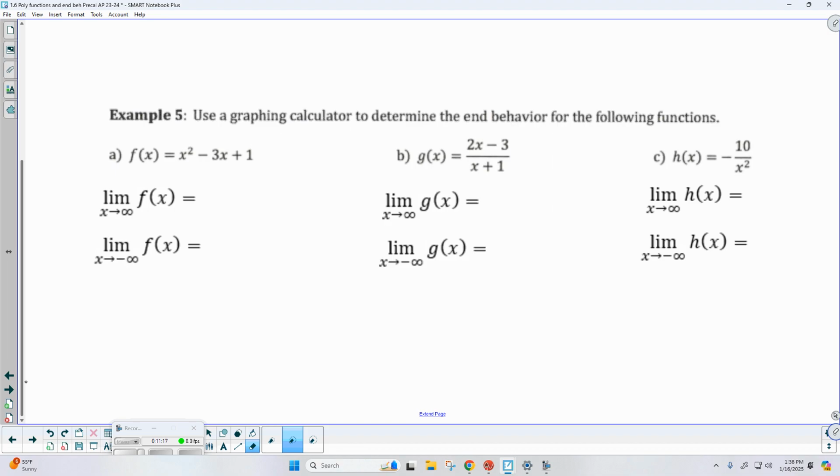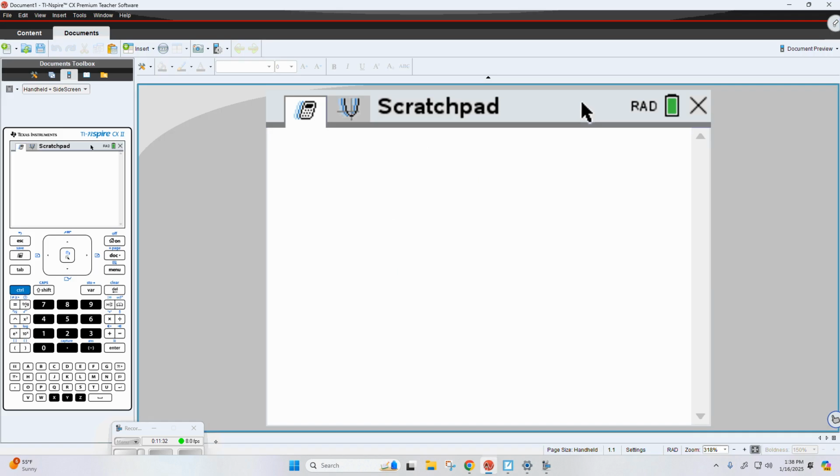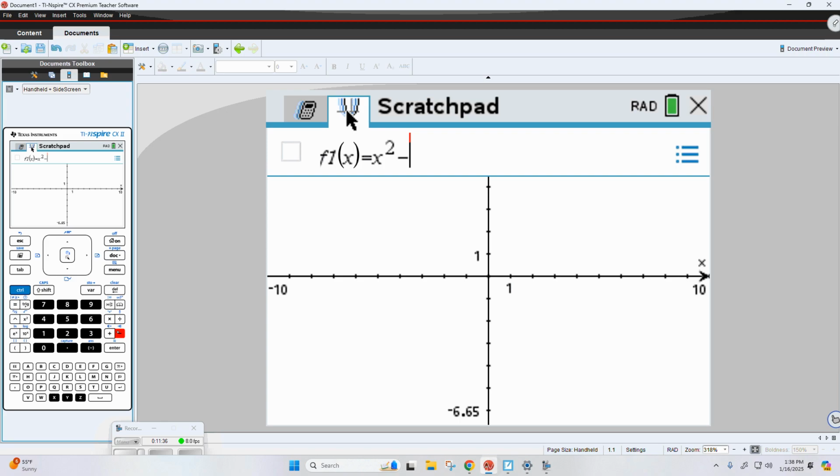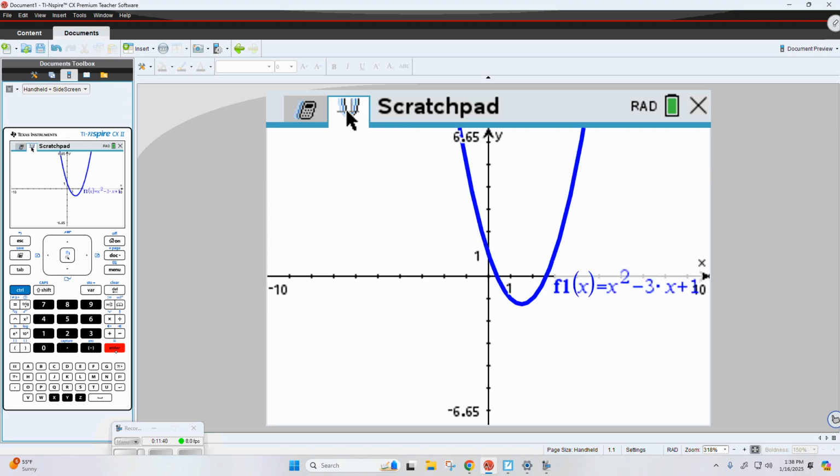So for A, f of x equals x squared minus 3x plus 1. Let's take a look. I'm going to come on over here to my calculator. So we have x squared minus 3x plus 1. Okay, so we got the graph of a parabola here.